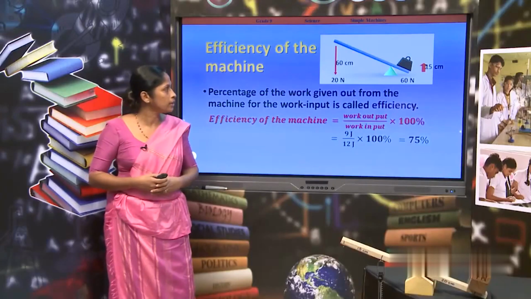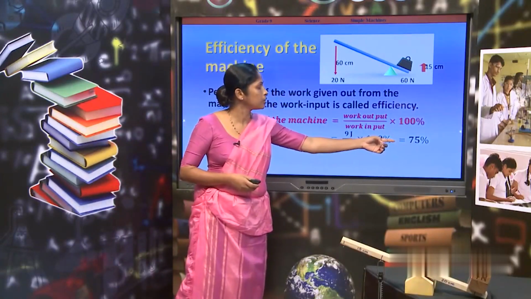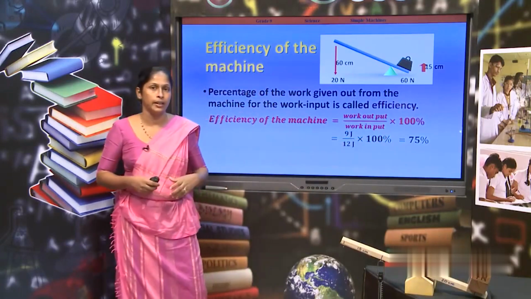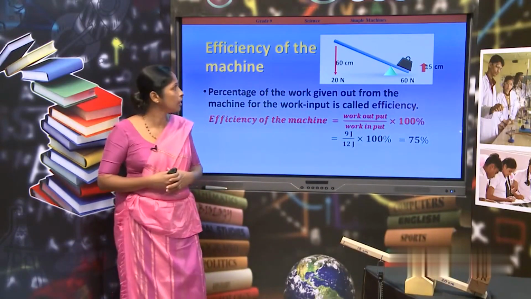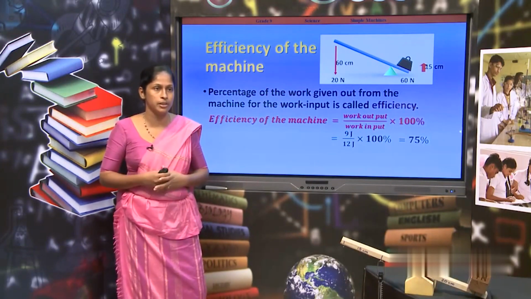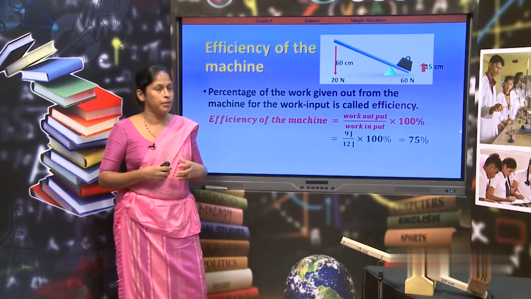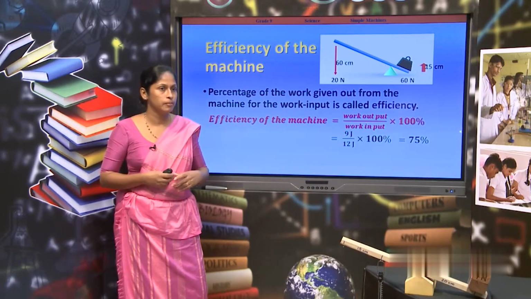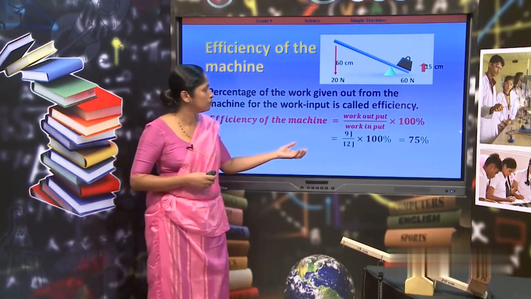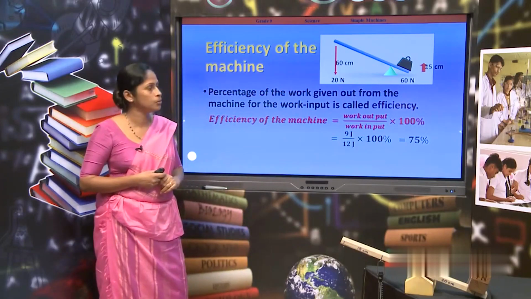You will think, why can't this machine increase its efficiency to 100%? Normally, practically, frictional force is exerted, and due to that the efficiency cannot be increased up to 100.